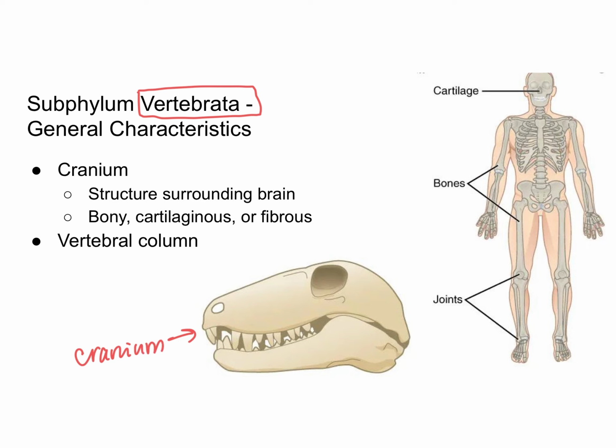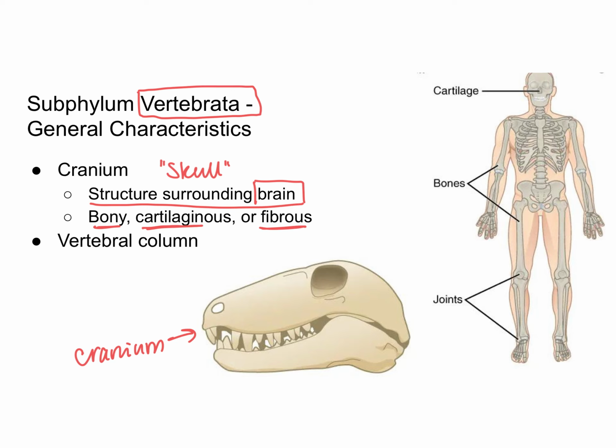You might also think of it as a skull, but it's not always considered a skull because they come in different shapes and sizes, and they might not be bony like a skull. So some of them are made out of cartilage, others are made out of a fibrous tissue. So the definition of a cranium is just a structure that surrounds the brain.